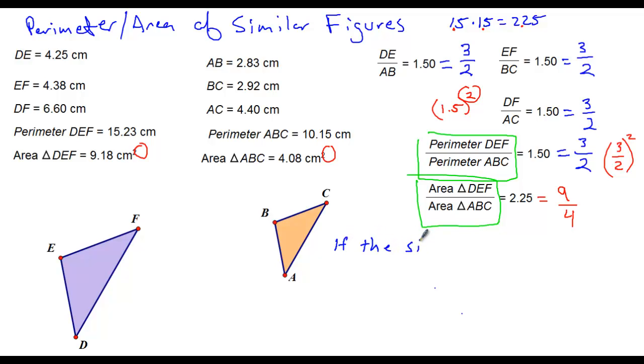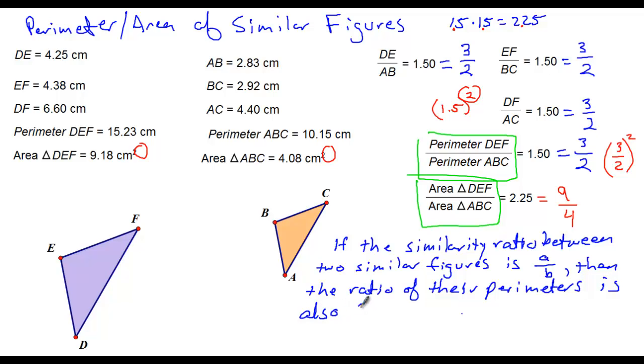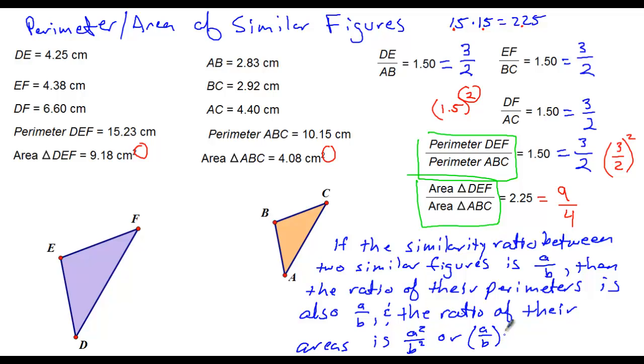If the similarity ratio between two similar figures is A over B, then the ratio of their perimeters is also A over B, and the ratio of their areas is A squared over B squared, or A over B squared.